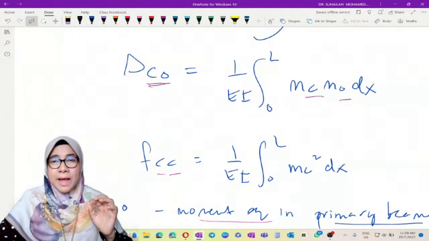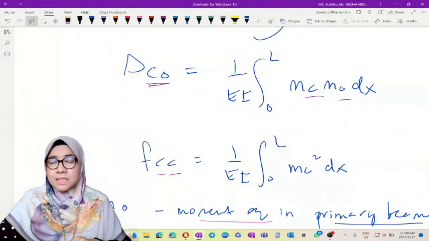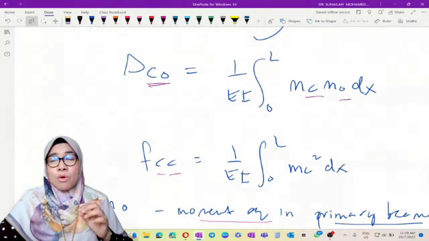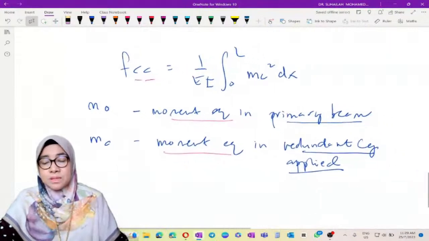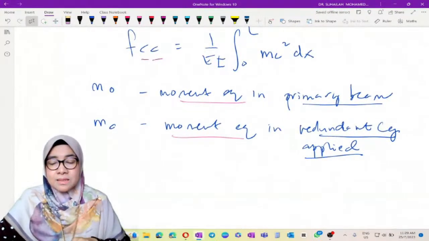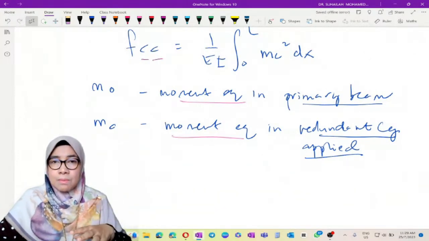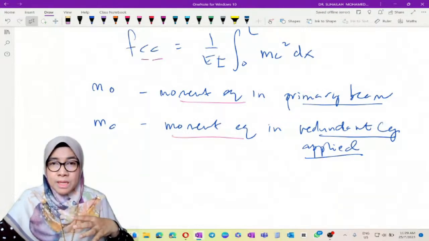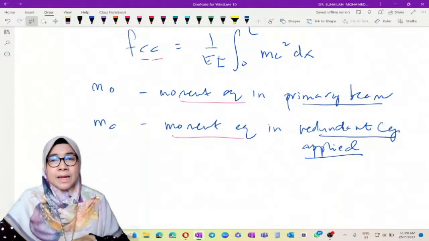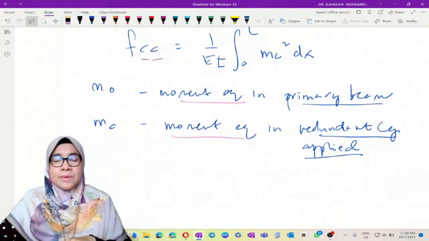Always remember that naught is the label for the primary system and MC is the moment equation in redundant CY applied. So there are two systems that we will analyze in order to solve for the redundant CY. System number one gives M naught, the moment equation in the primary beam, and MC is the moment equation in redundant CY applied.